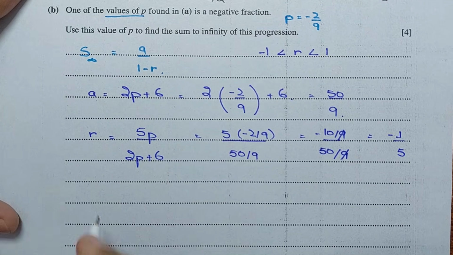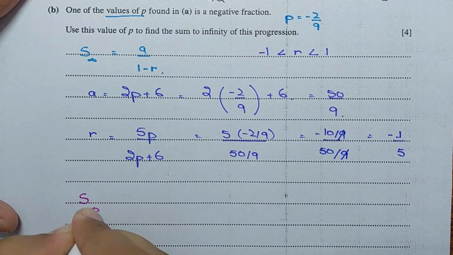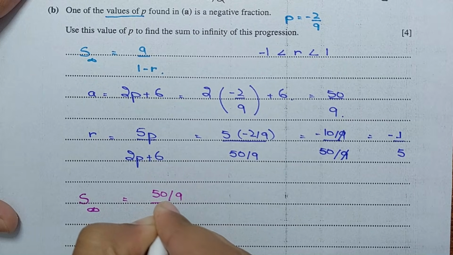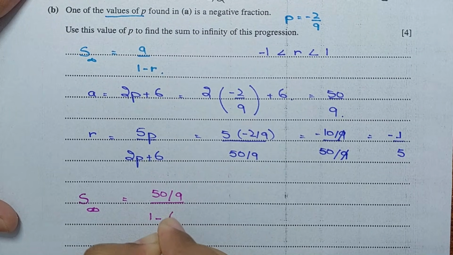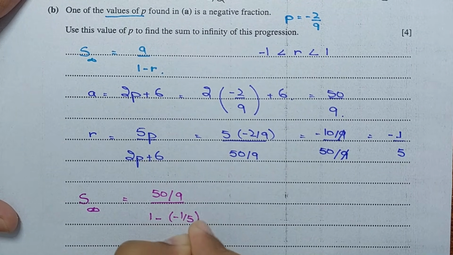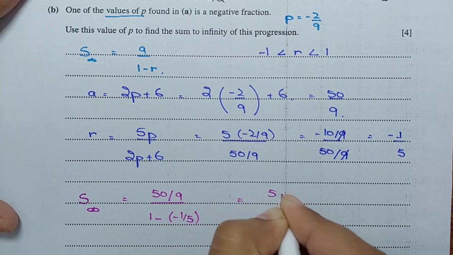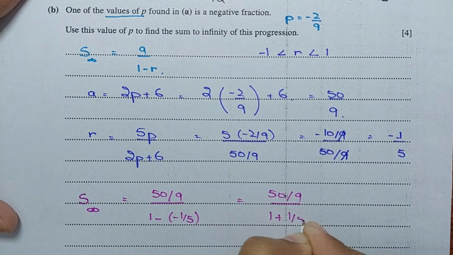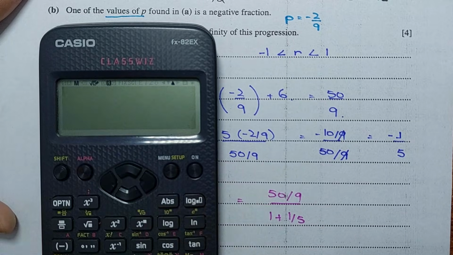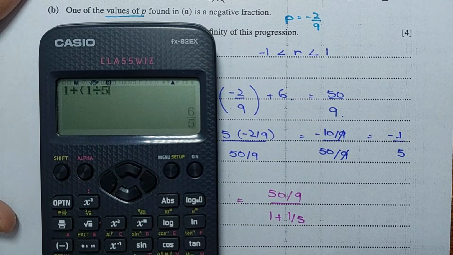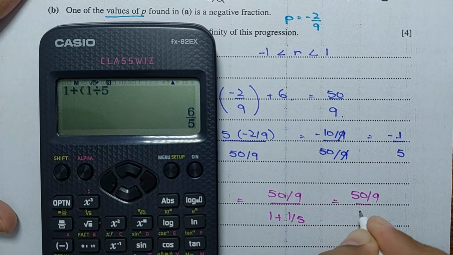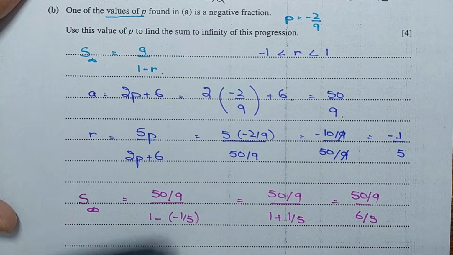So this is minus 0.2, it is in the range. Now figure out S infinity. S infinity is the first term, which is 50 over 9, over 1 minus R, where R is minus 1 by 5. So this is 50 over 9 over 1 plus 1 over 5. 1 plus 1 by 5 is 6 by 5. 50 over 9 divided by 6 over 5.